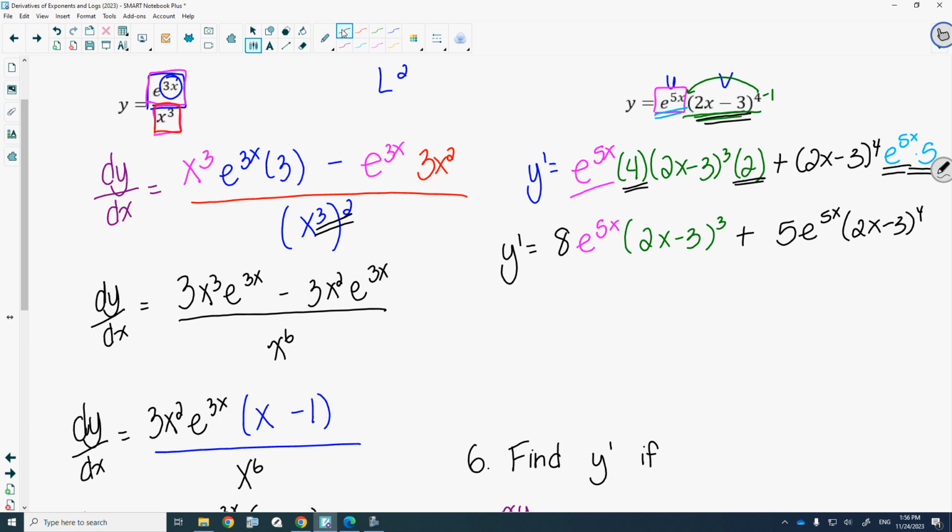Okay, I could factor out, each term has an e to the 5x, so I could take out an e to the 5x.